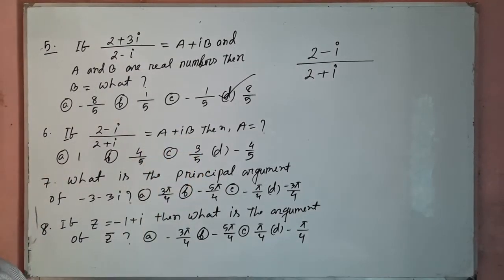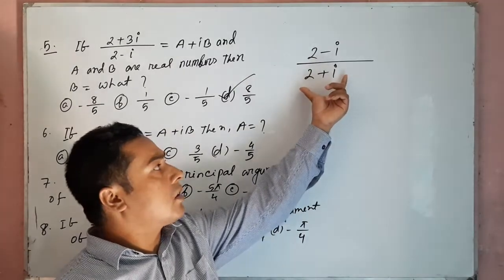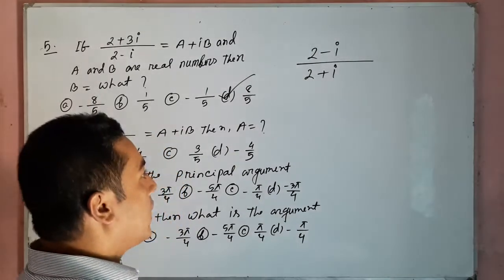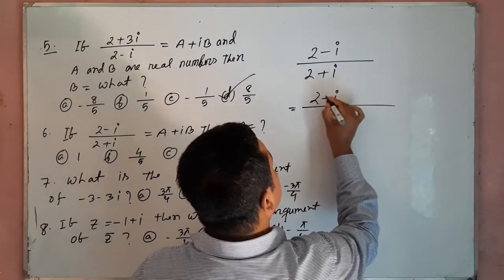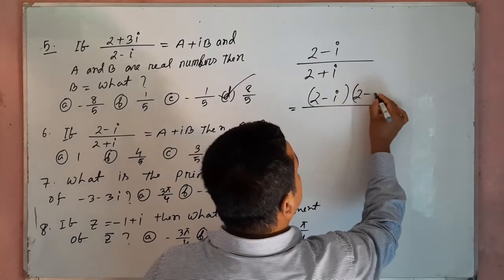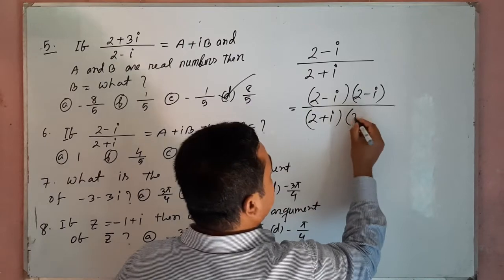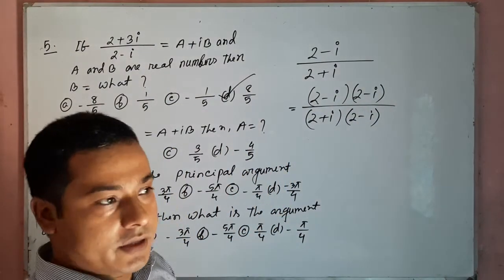The rule says multiply the numerator and denominator by the conjugate of the denominator. The denominator is 2 plus i, its conjugate is 2 minus i. Okay, multiply the numerator and denominator.